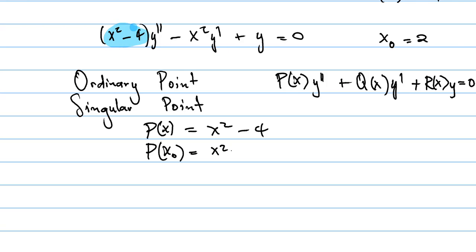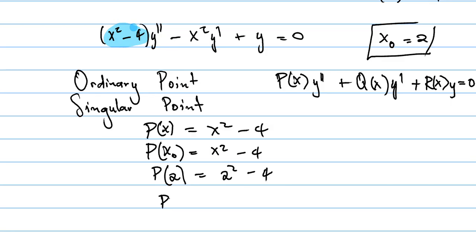So if you plug in your x naught, what is your x naught? Your x naught is 2. So it's 2 squared minus 4. Then you're going to get 4 minus 4 is equal to 0. So what is the case for the ordinary? Your p of x naught mustn't be equal to 0.